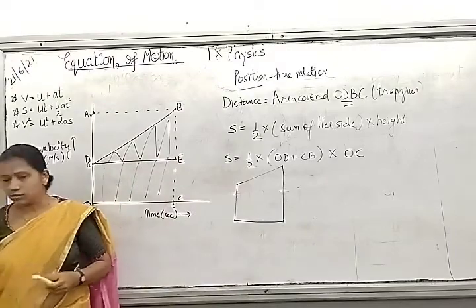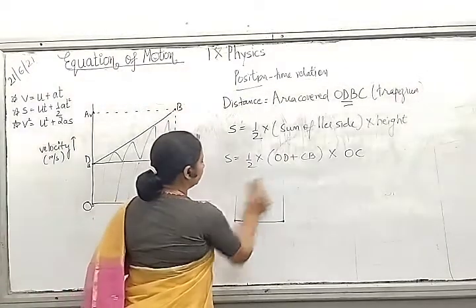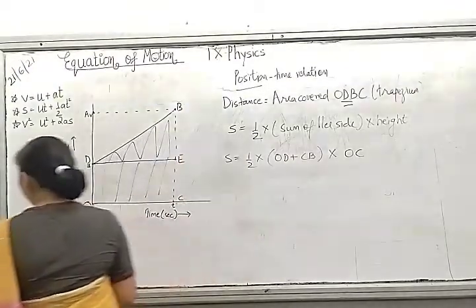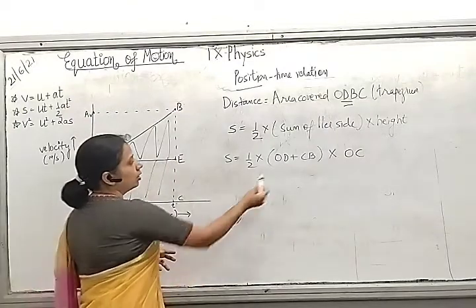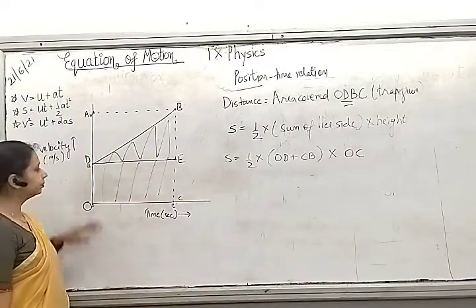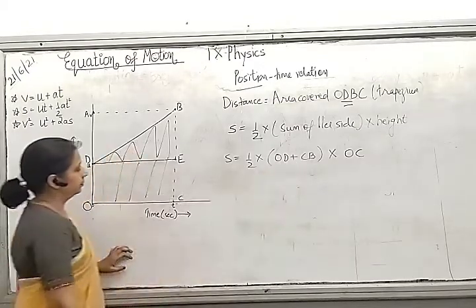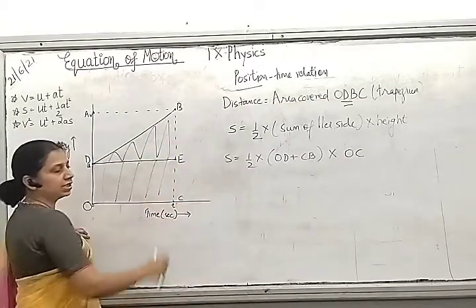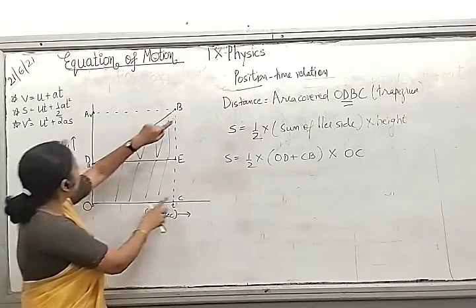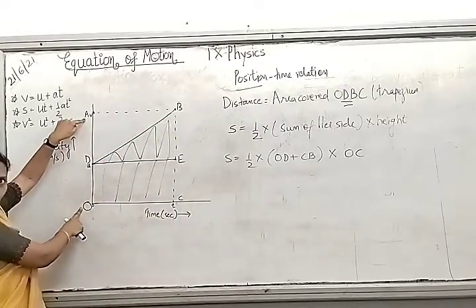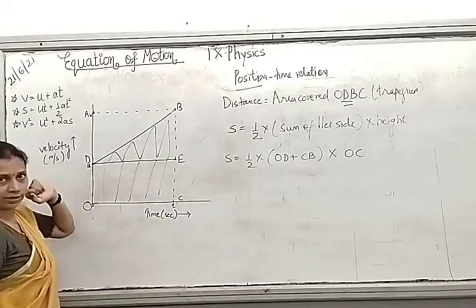Okay, so now what is OD? It is U. What is BC? BC is equivalent to OA.